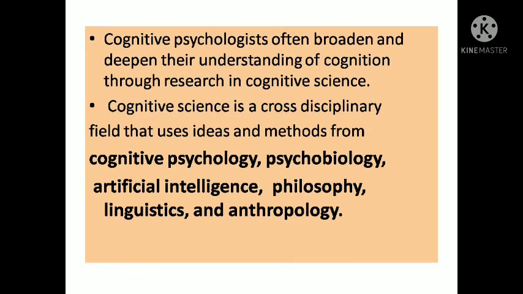Cognitive psychologists often broaden and deepen their understanding of cognition through research in cognitive science. Cognitive science is a cross-disciplinary field that uses ideas and methods from cognitive psychology, psychobiology, artificial intelligence, philosophy, linguistics, and anthropology.